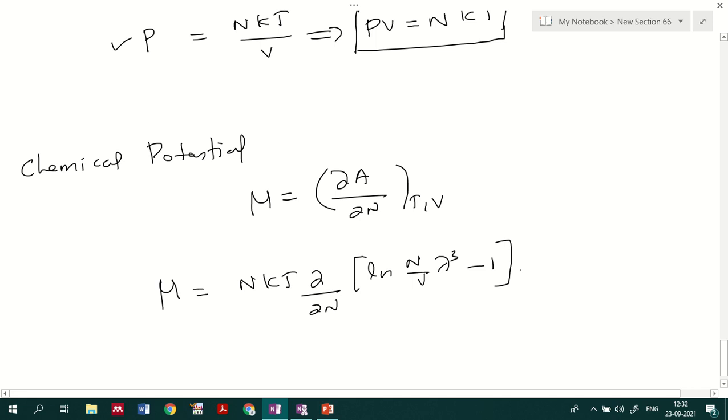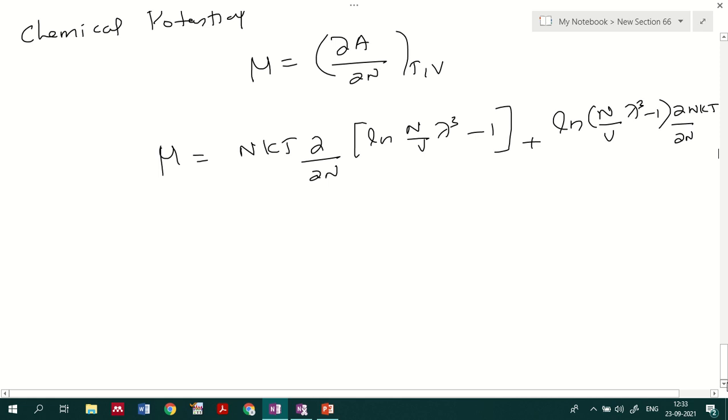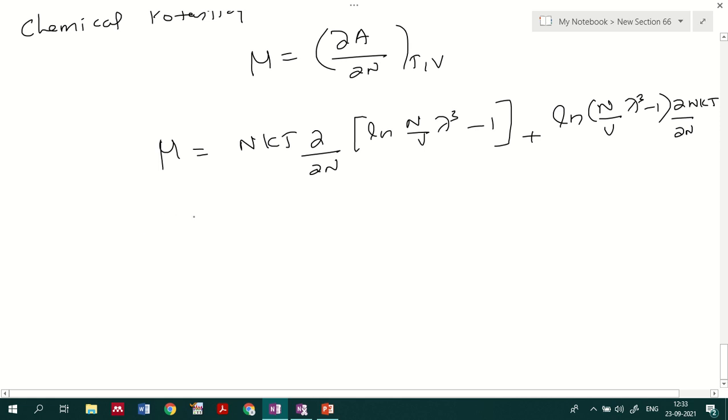Since we are evaluating with respect to N, you have to consider two terms here: ln(N/(Vλ³)) minus 1, which you treat as a constant at one time, and ∂/∂N of NkT, which you also have to evaluate, because both terms contain N. So you have to apply the product rule of differentiation.